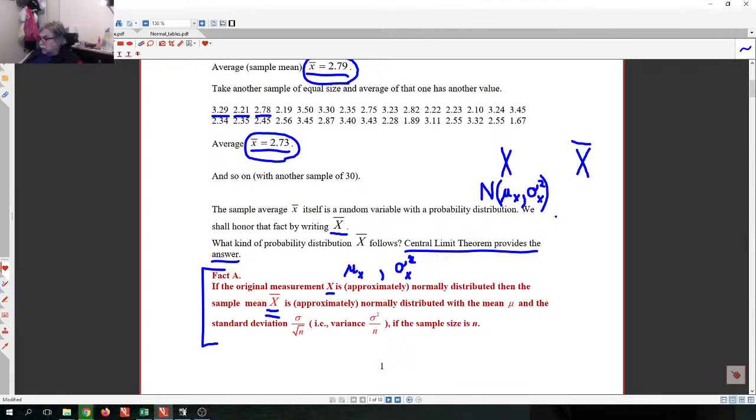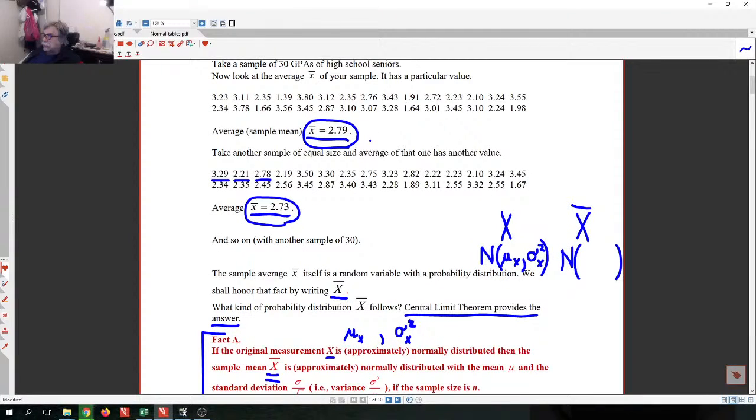It's normally distributed, it's going to have its mean, it's going to have its variance. So what the central limit theorem says is that this guy here is also normally distributed. And it's also going to have its mean, and it's also going to have its variance. So what is the mean of this guy? Let's think about it.